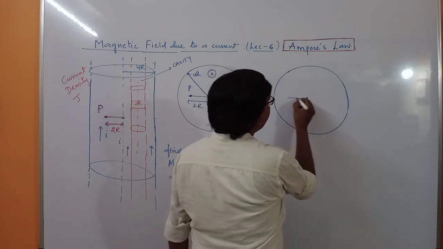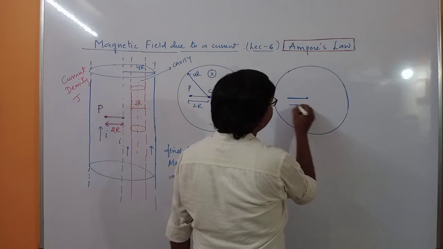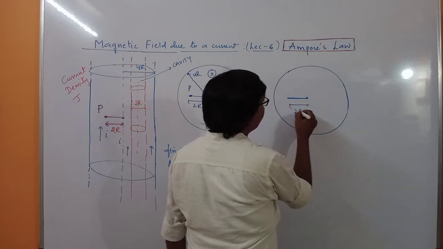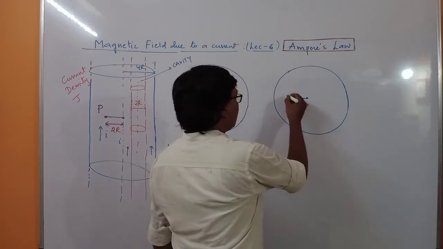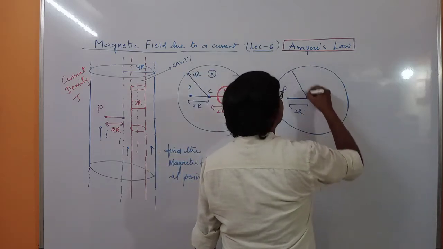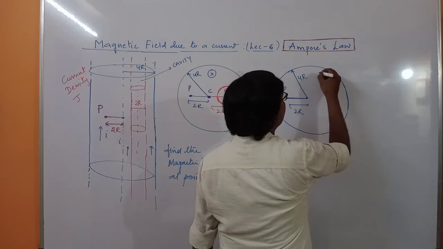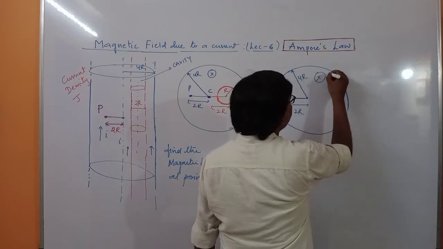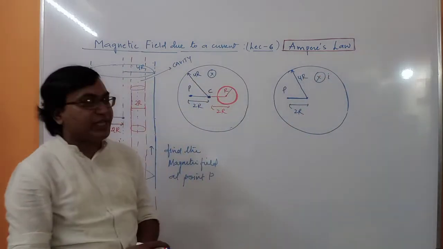Now point P is here. It is at a distance of 2r. So this is point P. Its radius is 4r. Current is inside, of current density J.